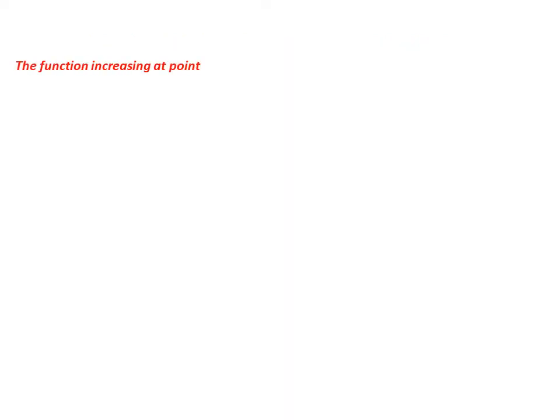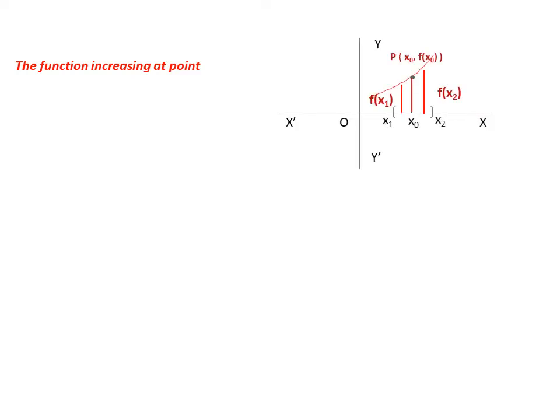The function increasing at a point. See, this we have to understand. Look at this diagram. f of x is a function in a given interval. See, x1, x2 is the open interval and x0 is a point belonging to that interval. Now we say that it is increasing at x0 because f of x1 is less than or equal to f of x0 and f of x0 is less than or equal to f of x2.